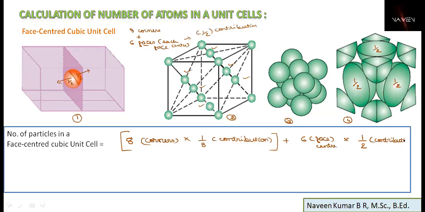Each face-centered particle contributes 1 by 2 of its portion to the unit cell. So simplifying, 8 into 1 by 8 is 1, plus 6 into 1 by 2 is 3. Hence 1 plus 3 is 4. The total number of particles present per unit cell of FCC is 4.